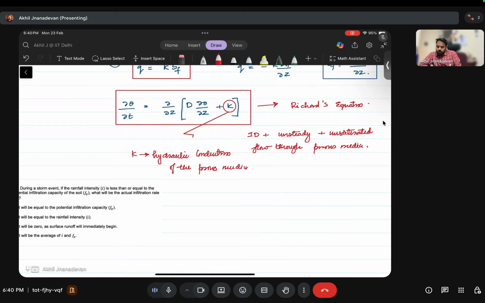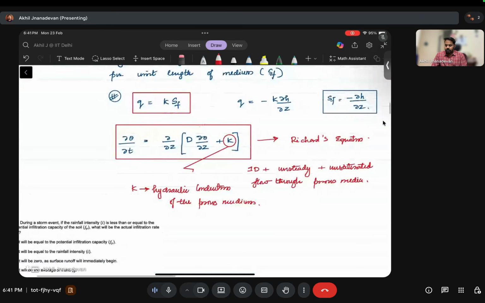How you get this value is for different soil textures, like a loamy soil or a clay soil or a sandy soil, for each of the soil textures we will be having a particular range of value for K. That is how we will be getting the hydraulic conductivity, right? And if we have this, we can model the 1D unsteady unsaturated flow through a porous medium.